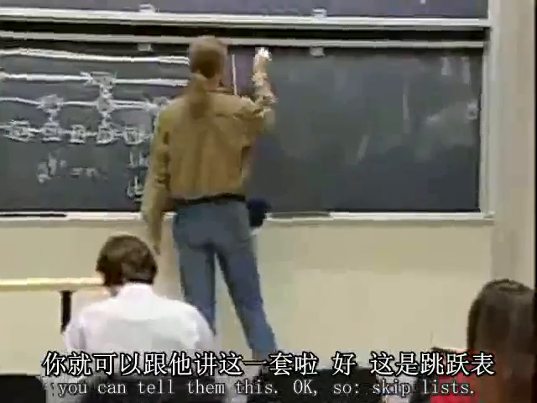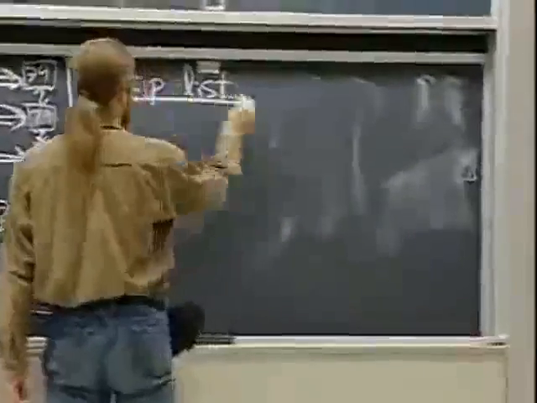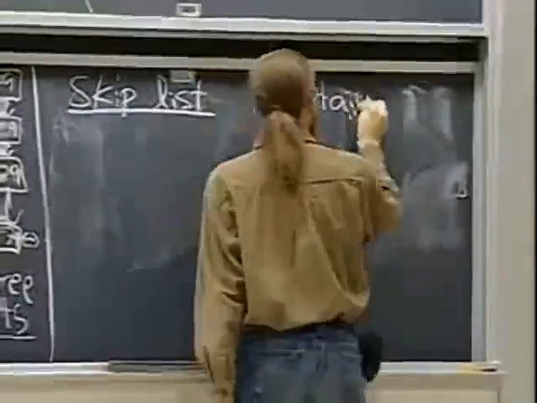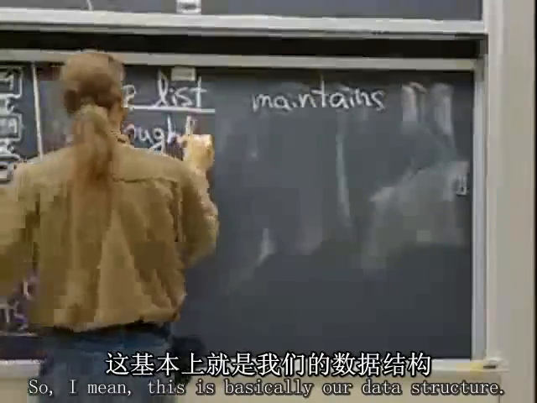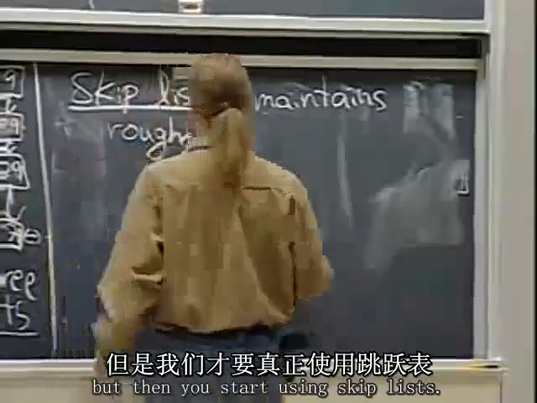All right, so skip list. This is basically our data structure. You could use this as a starting point.